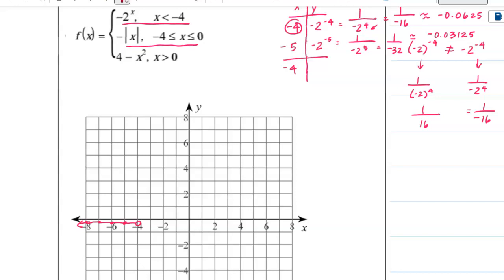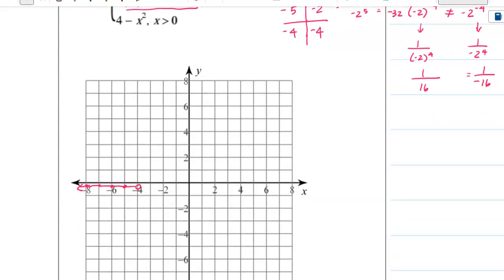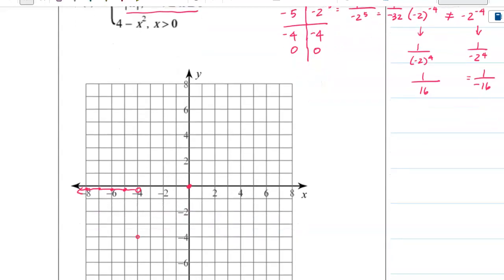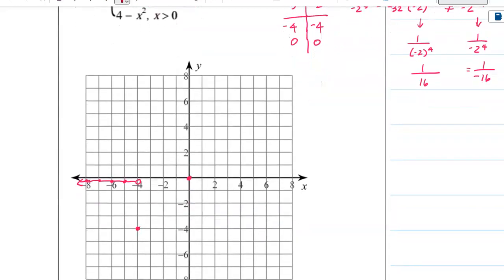So -4, that's a closed circle because it equals. And then let's try 0. 0 is 0. And that equals. There's that.